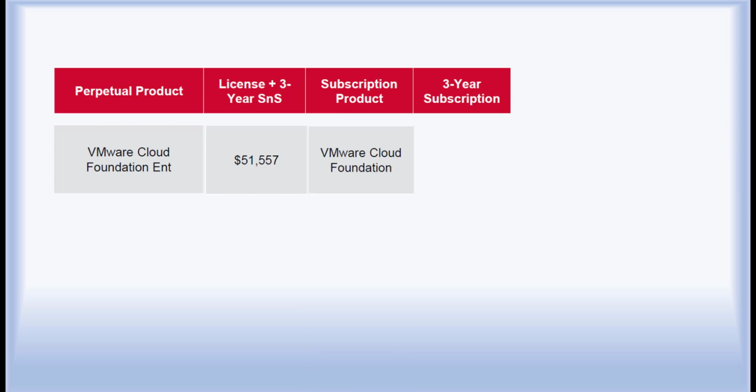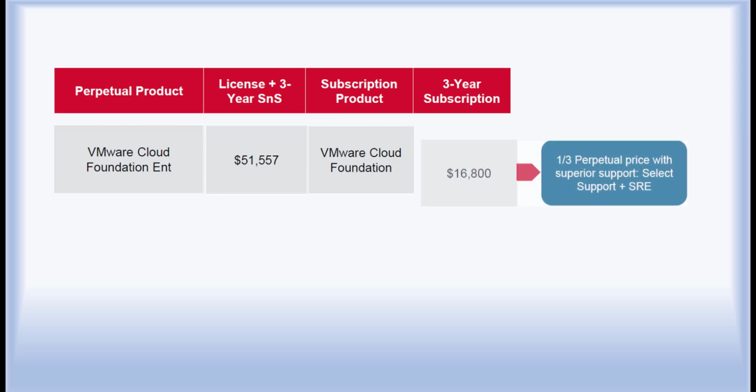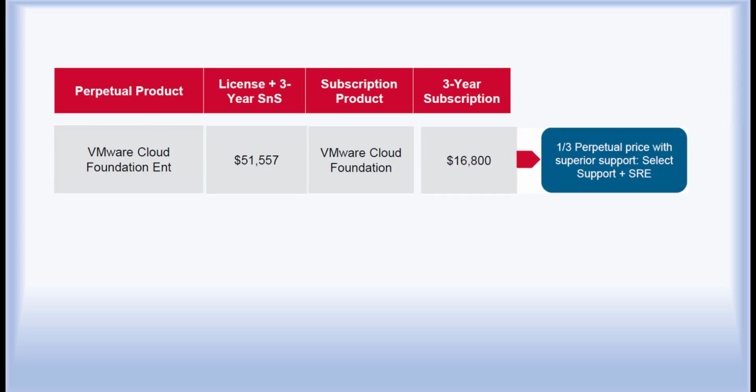If I want to move from VMware Cloud Foundation Enterprise to the new subscription product, I have to move to VCF, or VMware Cloud Foundation. And the payment would be $60,800 for a 3 year subscription.